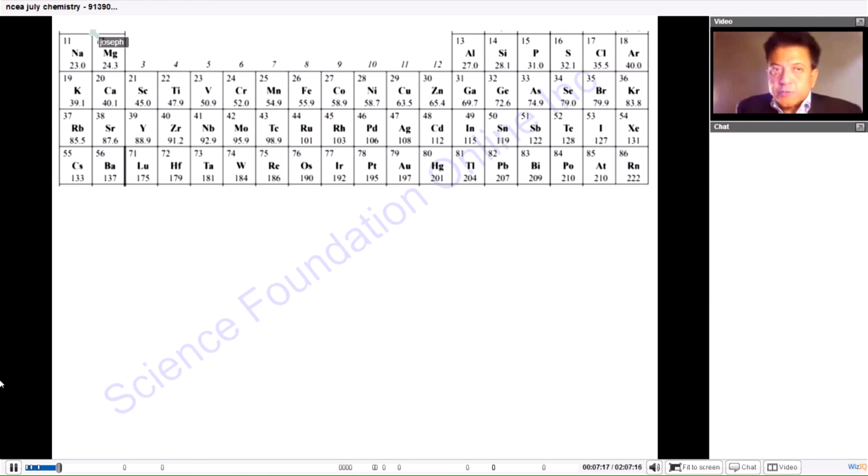Then inside that, of course, you have the hydrogen, helium. I've just only taken a section of the periodic table here, simply because we will be just using this part really in the questions, so I didn't need to have all the rest of it in there. So, looking at scandium, here it is.